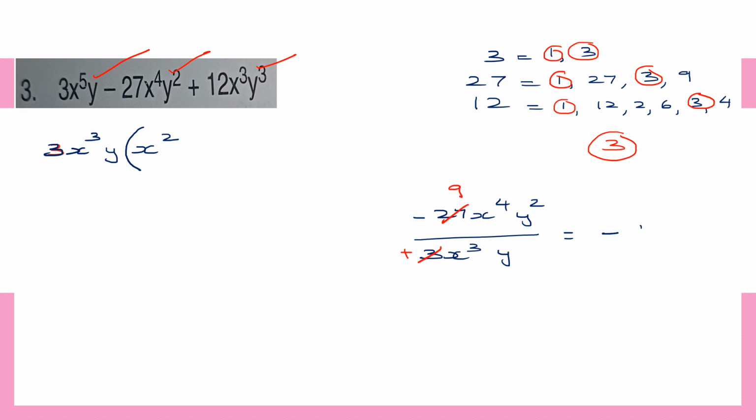So let me write 9 here. Then here we have x to the power of 4 divided by x to the power of 3. 4 minus 3 is 1. So it is simply x to the power of 1 or x. Then here I have y to the power of 2 and here 1 y. So 2 minus 1 is 1. So it is simply y. So this is minus 9xy.